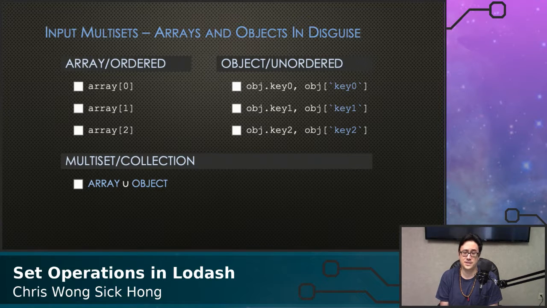Since JavaScript is JavaScript, you also have array style access for objects in keys, but it doesn't really change the underlying implementation of the data structure.